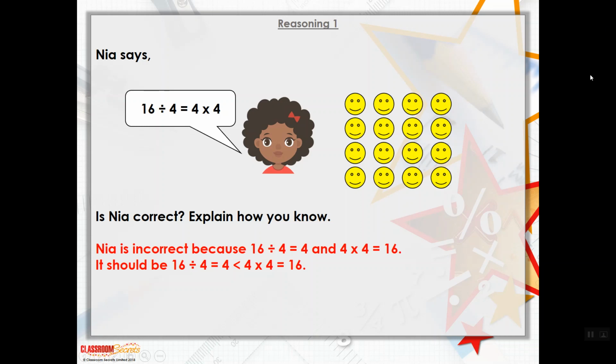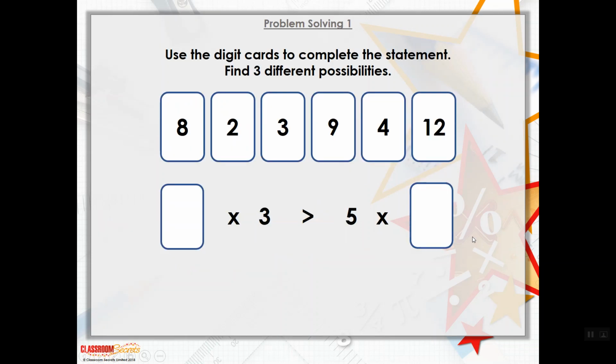Okay, Nina is not correct because 16 divided by 4 is 4 and 4 times 4 is 16. So here my answer would be 4 and here my answer would be 16. 4 is less than 16.